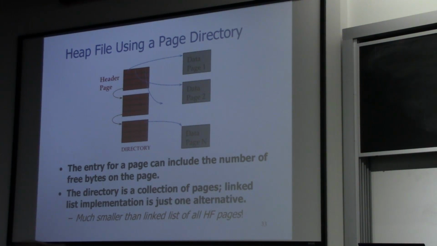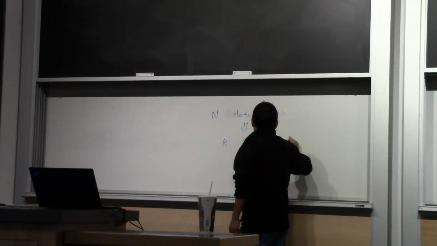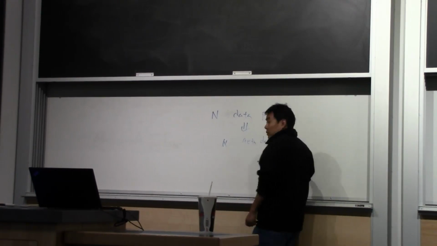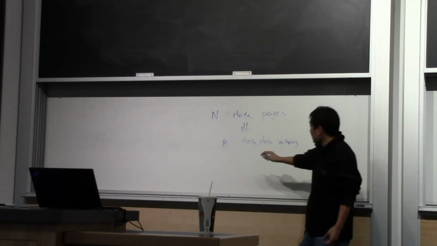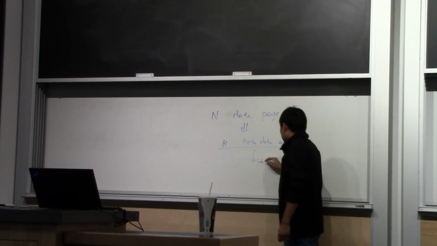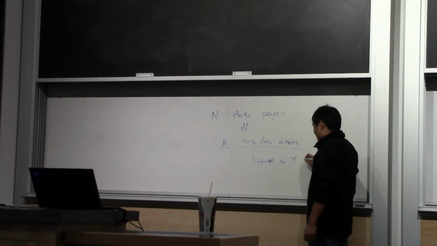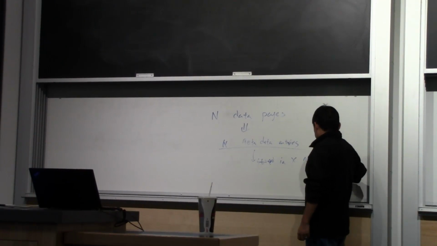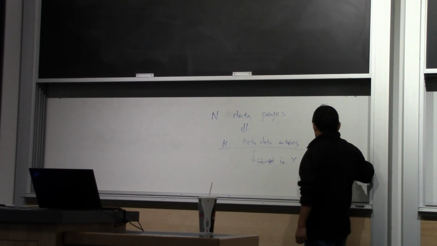But one observation, clearly: if you have n data pages, you will have n metadata entries. Does that make sense? However, these n metadata entries will be stored in X number of header pages.